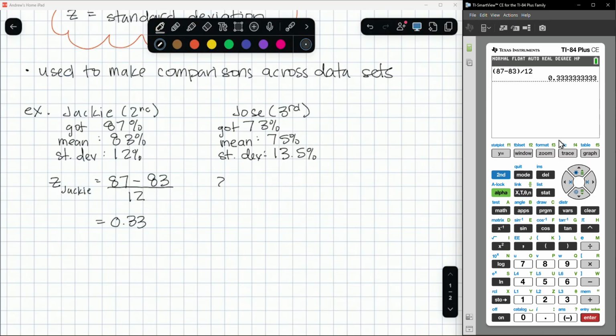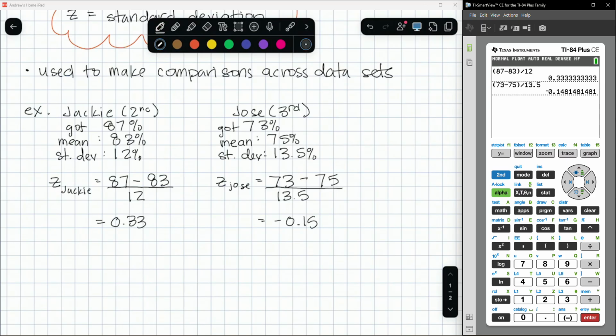For Jose, we're going to do that same calculation based on his class's distribution of test scores. So Jose got a 73. The mean in his class was a 75. And his standard deviation was 13.5. So 73 minus 75 divided by 13.5. And we get negative 0.15.